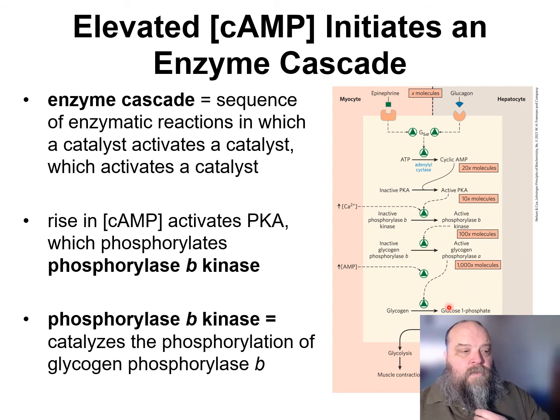Those 1,000 will then go and cut about 10,000 G1Ps, which will now be utilized in the cell, released to the bloodstream. And that's for each time an epinephrine or a glucagon binds its receptor. That's a lot. This is amplification. 1, 20, 100, 1,000, 10,000.